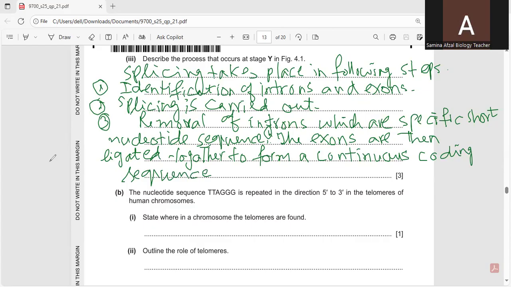So in this way, the process of splicing takes place.